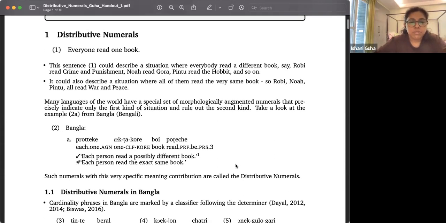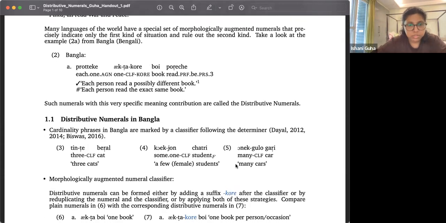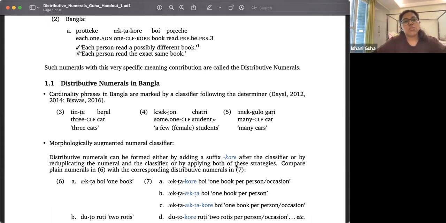Okay, now let's look at distributive numerals in Bangla. So first, let's look at what the cardinality expressions in Bangla look like, the regular ones, okay? So plain ones, look at 3.